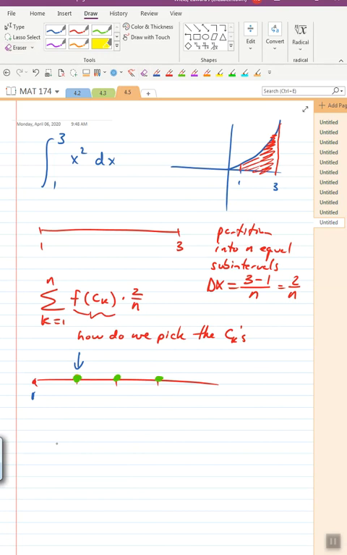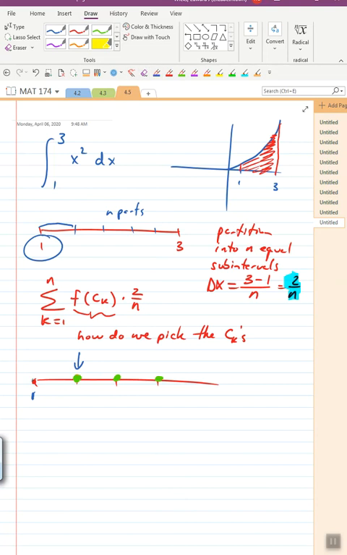Can somebody tell me what that is? We started at 1. We divide the interval into n parts. Each one of these is how wide? Okay, so Andrew says 1 plus 2 over n, which is correct.